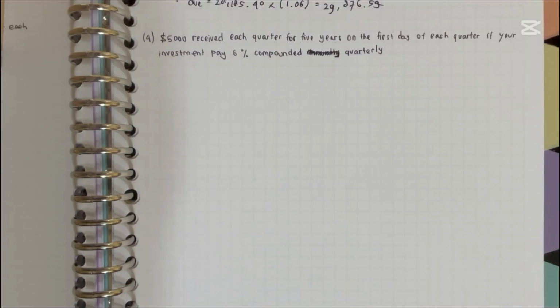Okay, so for answering the fourth question, since the payments are made at the beginning of each quarter, we need to account for the extra period of interest that each payment earns.